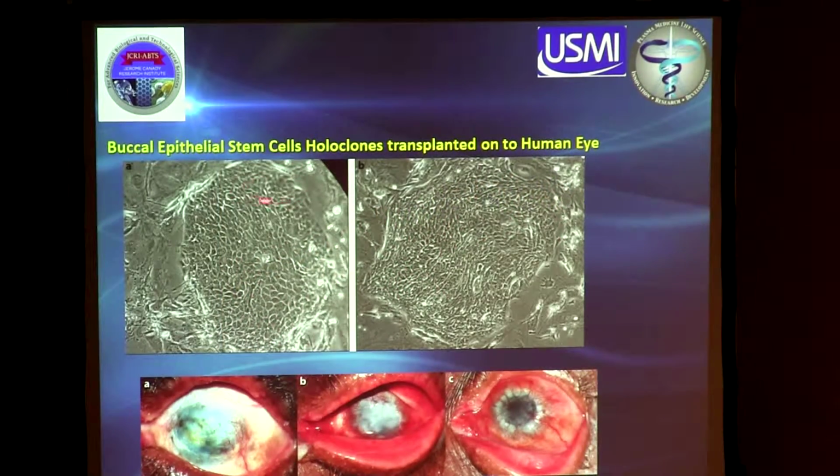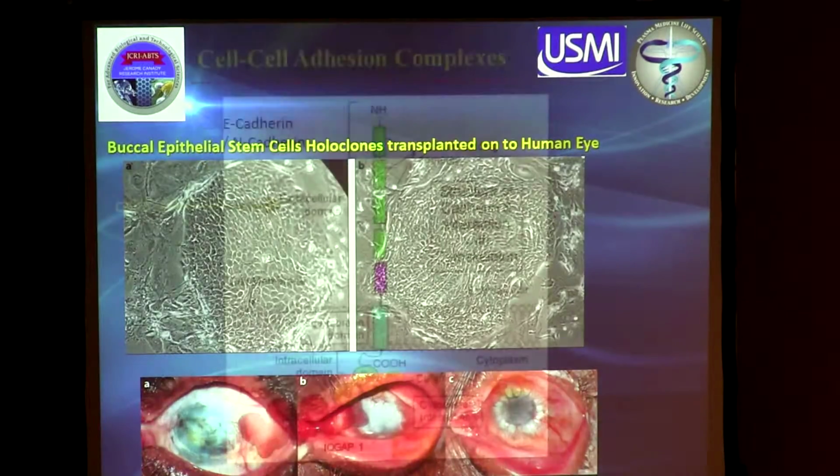Similarly, we isolated tissue from an autologous patient whose buccal epithelium was isolated, and we cultured the cells. You see these are the holoclone colonies, which have distinctly packed smaller cells, indicating that these are holoclones. When they were transplanted, after 6 months post-op, vision was regained in these patients.